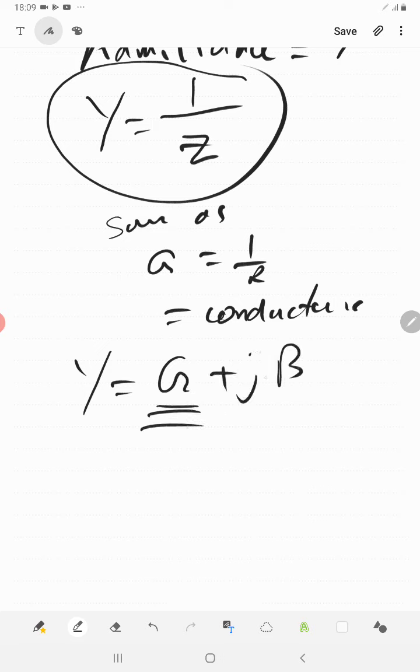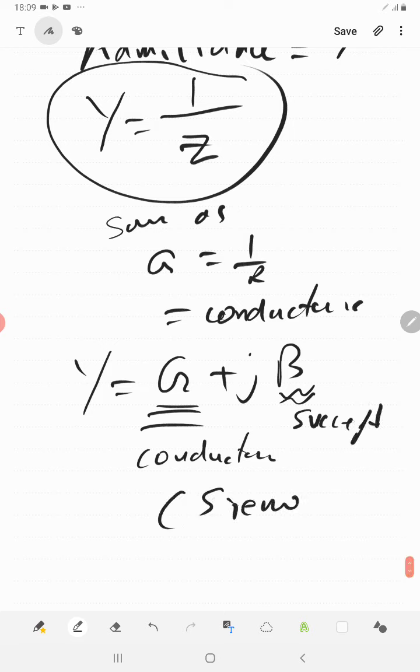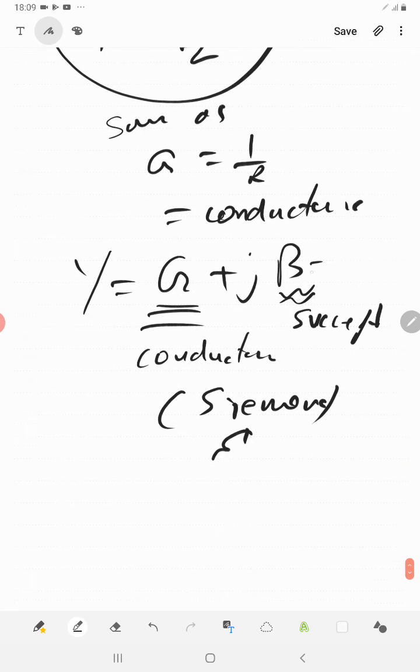So this is called conductance and this is called susceptance. Unit Siemens, S, which is equal to 1 over Z. So admittance is the reciprocal of impedance.